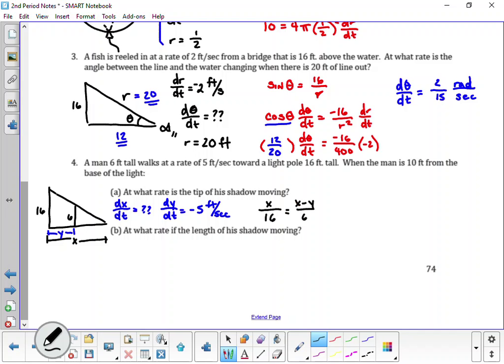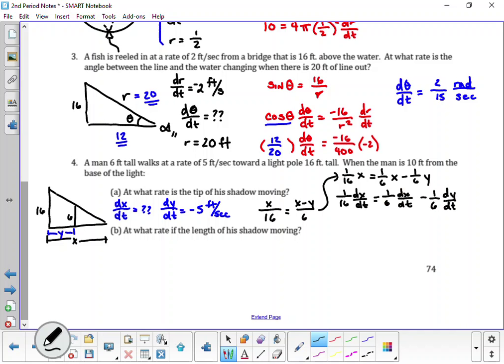Now I can easily solve this. Actually, I'll make this 1/16 x equals 1/6 x minus 1/6 y. It'll be easier to take the derivative. So now we've got 1/16 dx/dt equals 1/6 dx/dt, and I really could have brought the 1/6 over, but that's okay, minus 1/6 dy/dt.